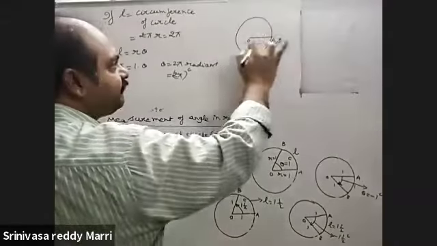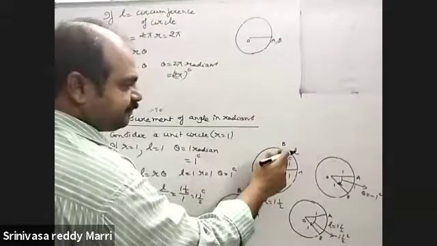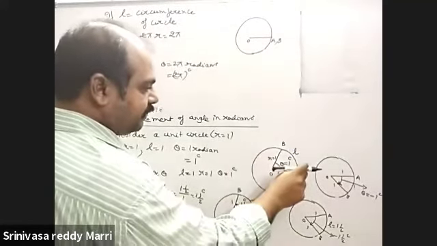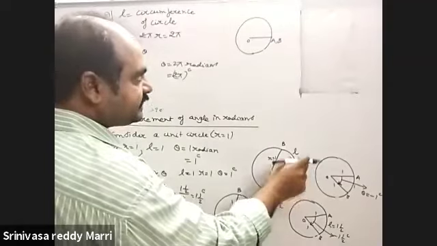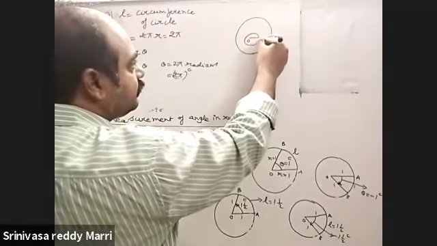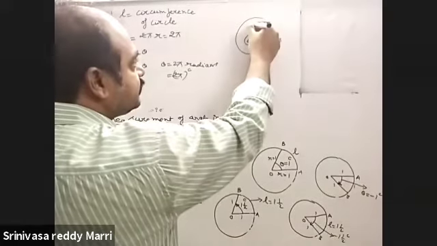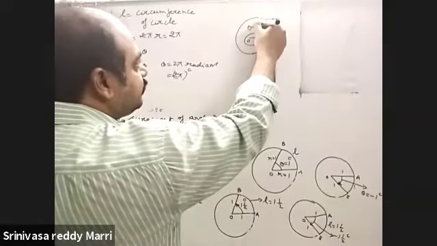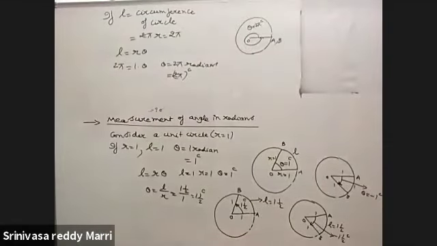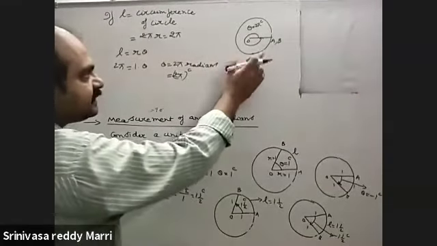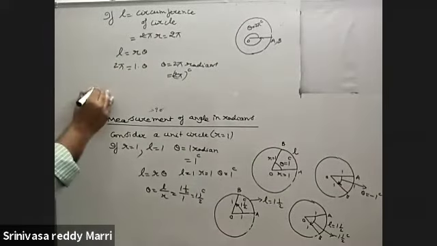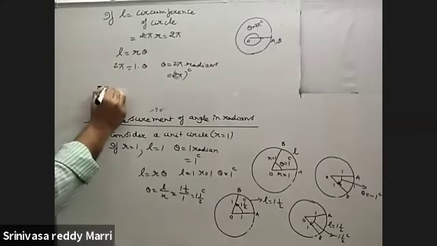This B will come and coincide with the initial ray. Now this angle will be a complete rotation, and theta is nothing but 2 pi radians. That means in radians, one complete rotation is nothing but 2 pi radians.